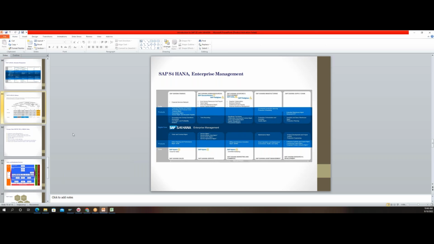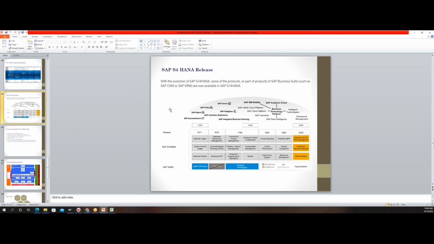Again, SAP S4 HANA was not an easy product. It had a couple of challenges. Usually when a new product or a new concept or a new technology is introduced, it needs a lot of improvisation based on the adaptation of the product to the client's business process.